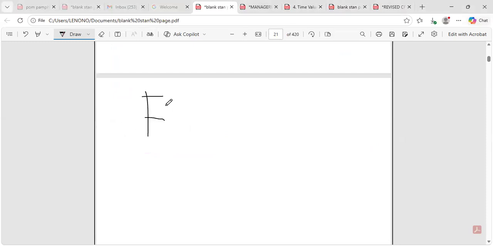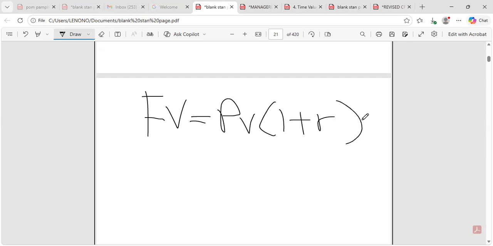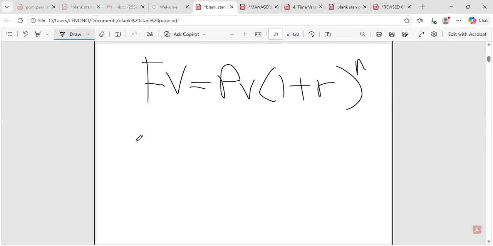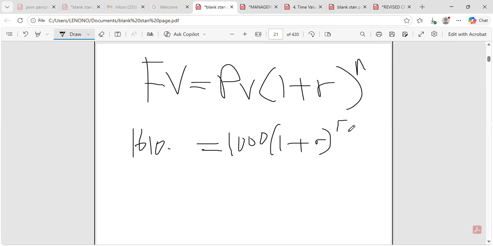Future value is equal to present value times 1 plus R to the power n. So 1610.5 equals 1,000 times 1 plus R to the power 5.